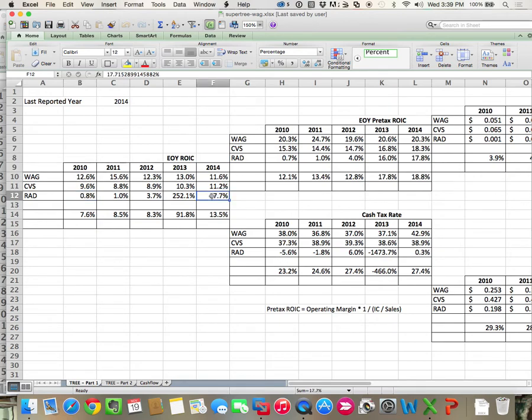So it's really not that the industry is getting better, because Walgreens and CVS have had pretty consistent performance for the last 5 years, with CVS getting a little bit better. This is really Rite Aid catching up with Walgreens and CVS, making the industry look more attractive.